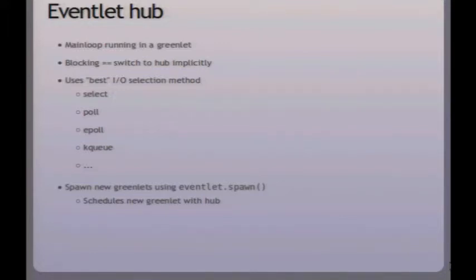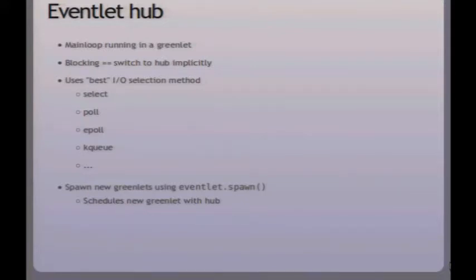The hub is there as an I/O loop, so it looks at all the sockets you want to do operations on, and when one of those operations is possible, it will give that socket and pass it on to the greenlet that wants to use that socket, and then let that greenlet run.